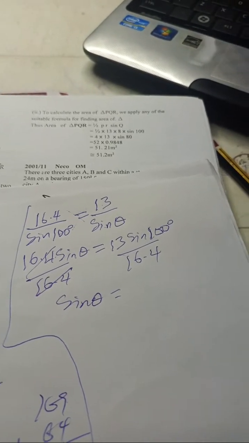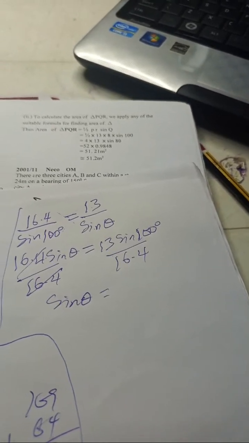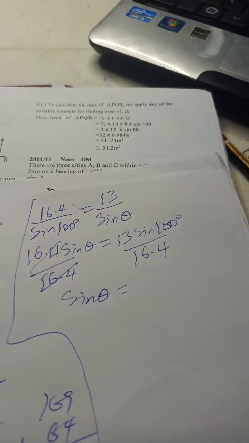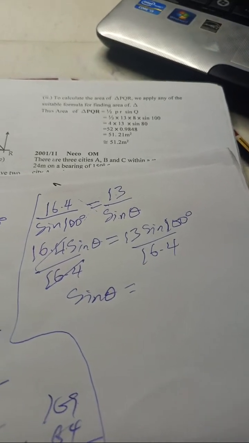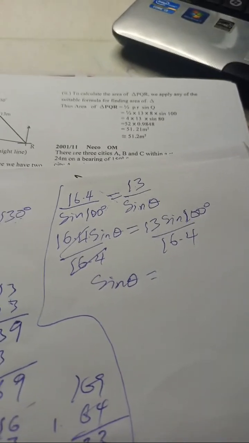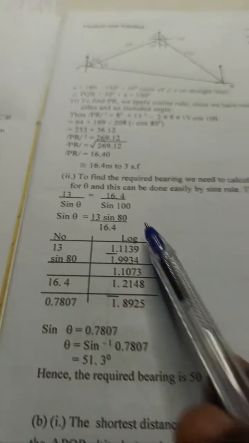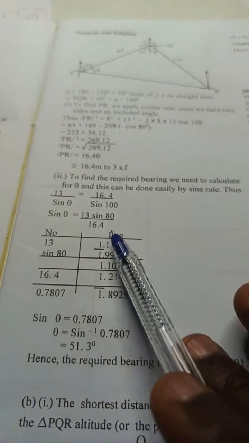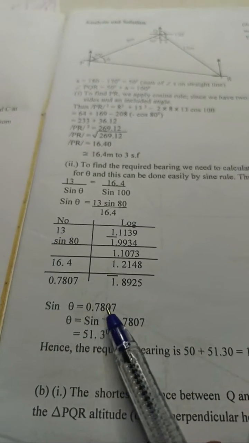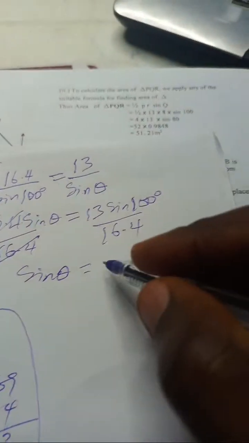And after that we divide by 16.4. When the division is done, what we get at the end of the day is 0.7807.